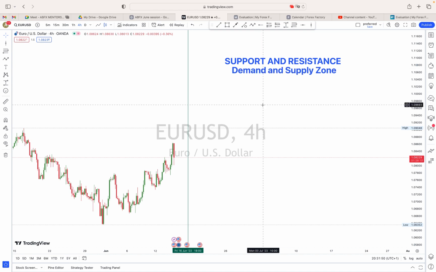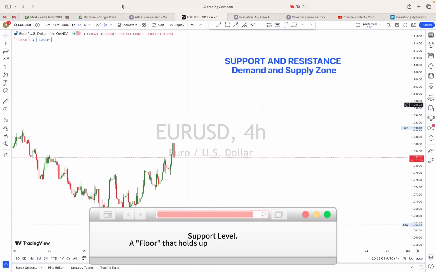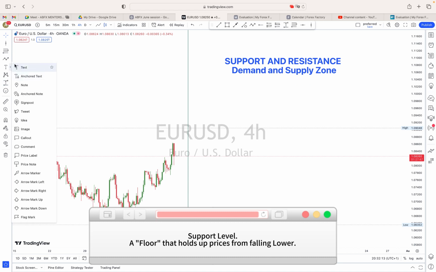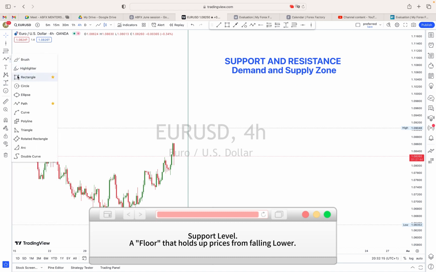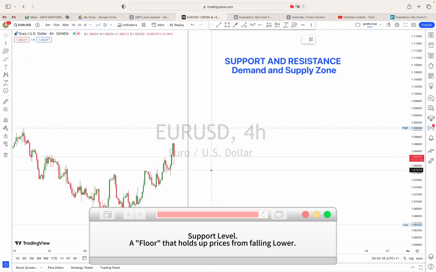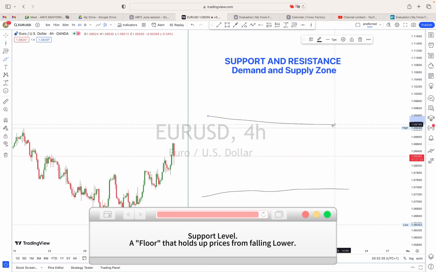Now, let's start with support. What is a support? A support is basically like a floor. If you have something like this, let me see if I can draw, the part below here is your support.